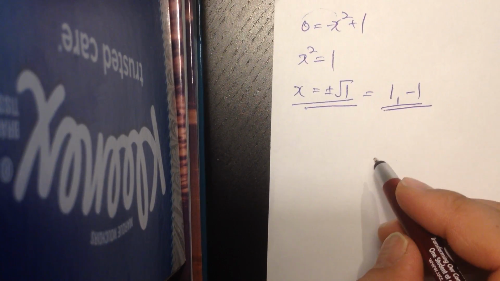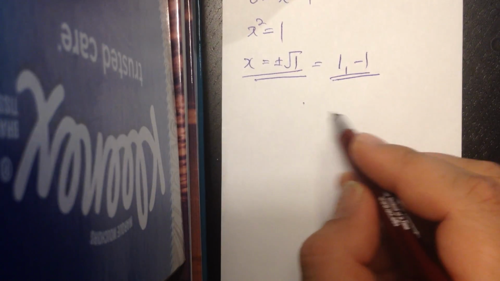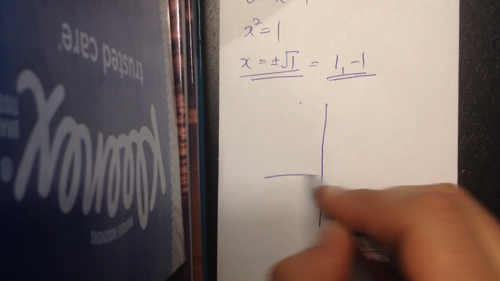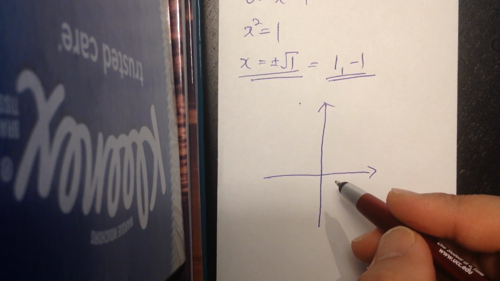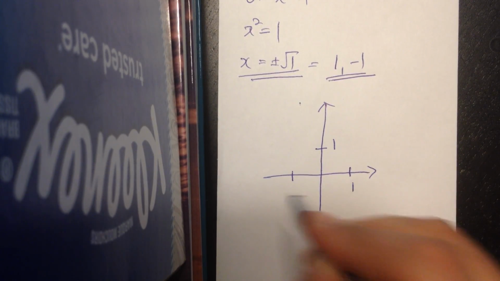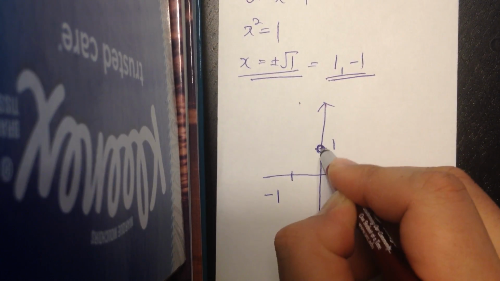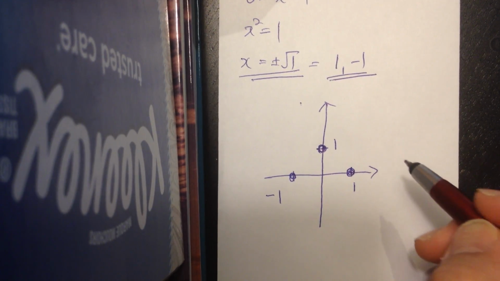So at the end, in order to sketch, the y-intercept will be 1. The x-intercepts will be 1 and negative 1. This is the vertex. These two are the x-intercepts.